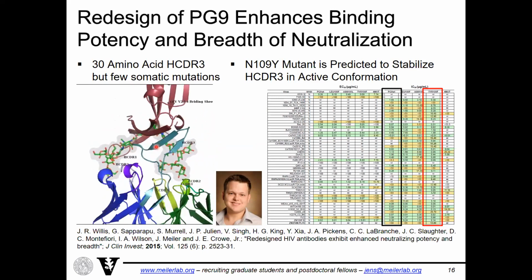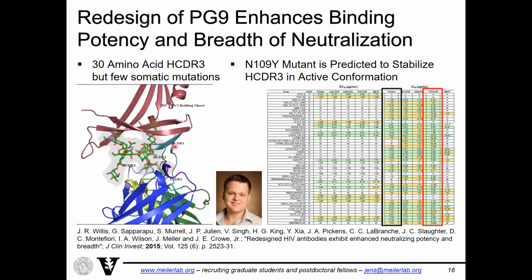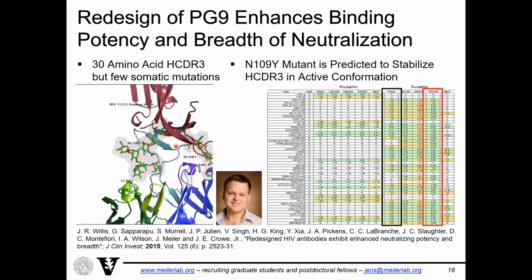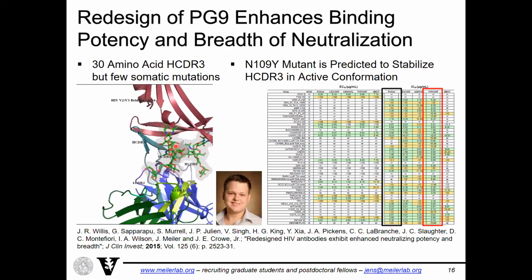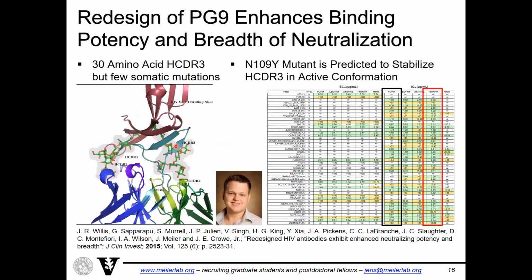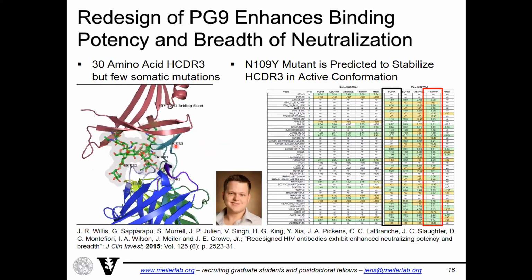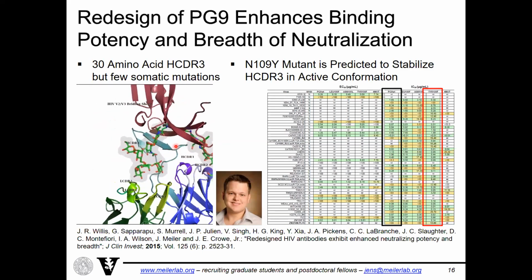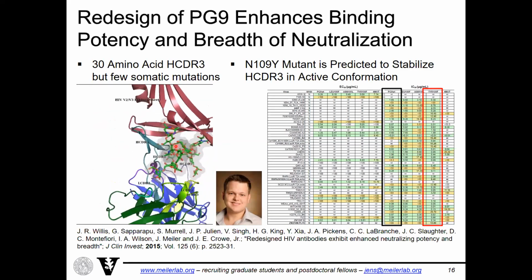However, the sequence coming out of a patient, we have no guarantee that this is the optimal sequence for polyspecificity, right? This is not necessarily the best possible sequence for this antibody to be as potent as possible. It's the sequence that happened to be found in this particular experiment.